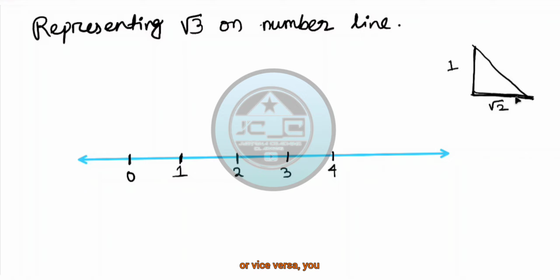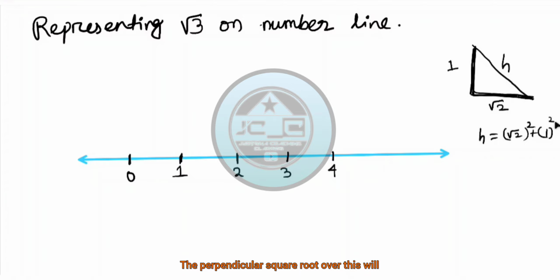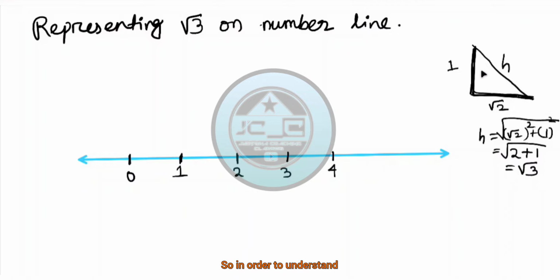The hypotenuse would be equal to the square root of base square plus perpendicular square. √2 square is 2 and 1 square is 1. This will be √3 units. So you take the base as √2 unit and perpendicular as 1 unit, or vice versa.